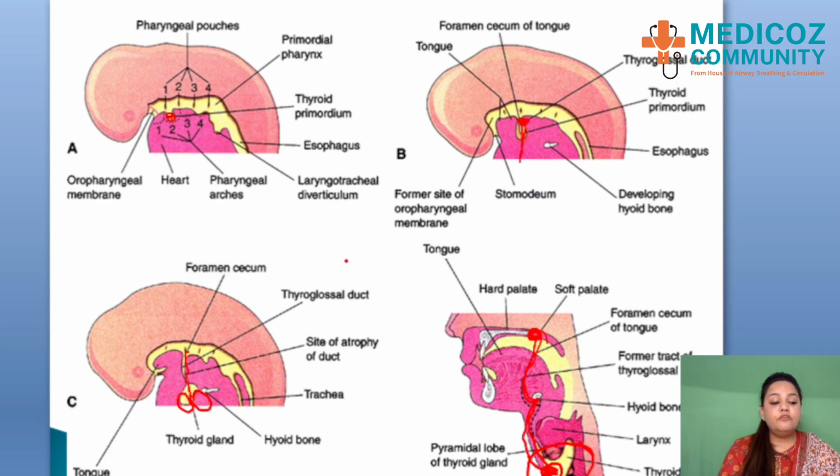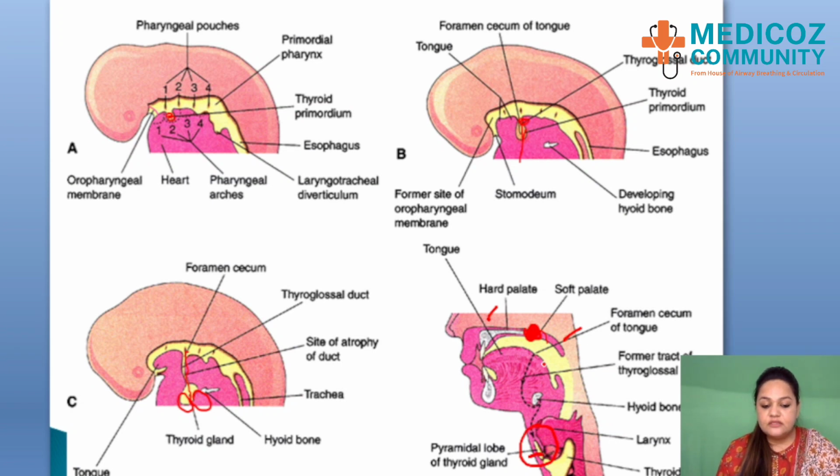Now if we talk about the remnants of the thyroglossal duct: the proximal part forms a remnant called the foramen cecum, present at the junction of the anterior 2/3 and posterior 1/3 of the tongue, which is the indication of the development of the thyroglossal duct. The distal part forms the pyramidal lobe, just over the isthmus of the thyroid gland. So these are the usual remnants of the thyroglossal duct.